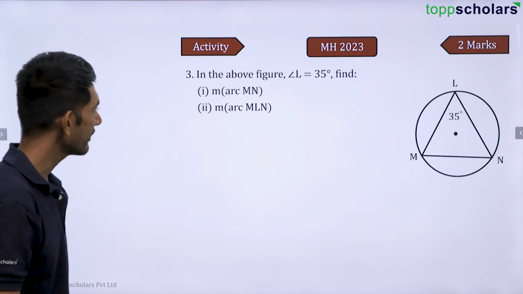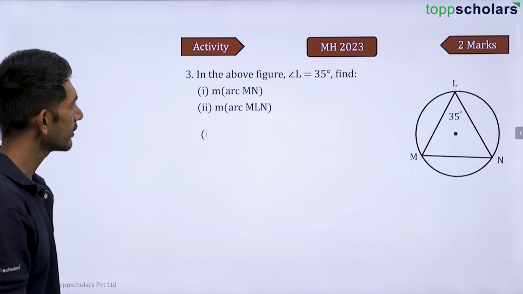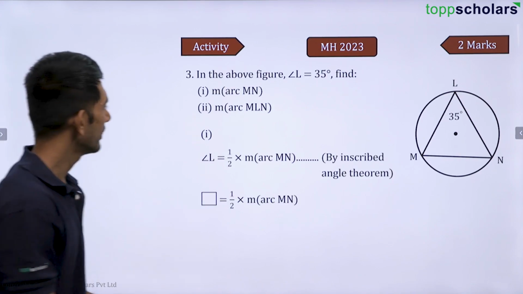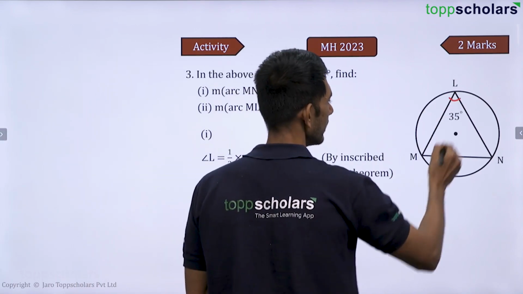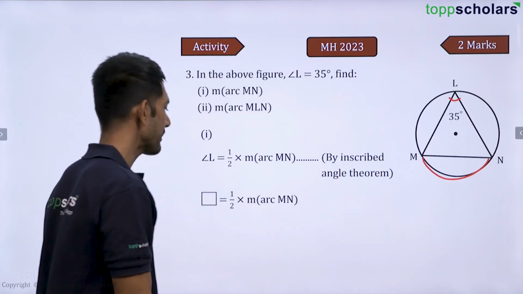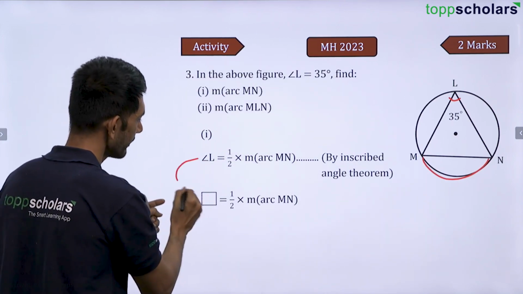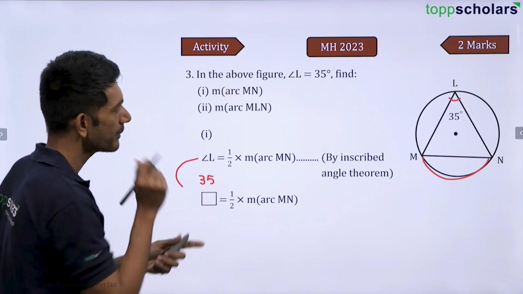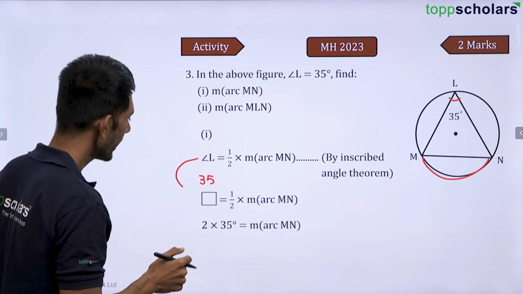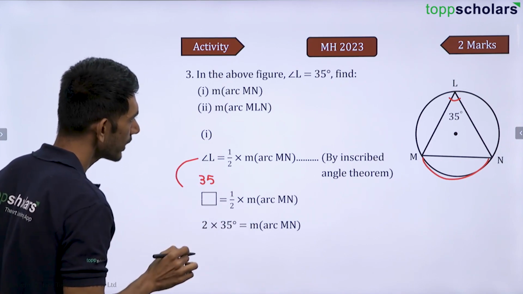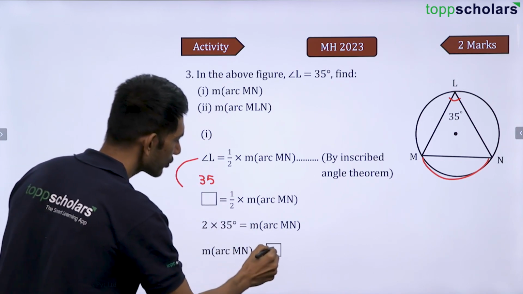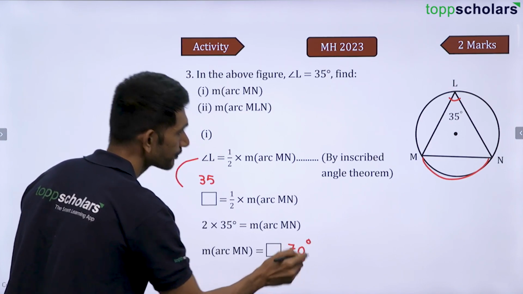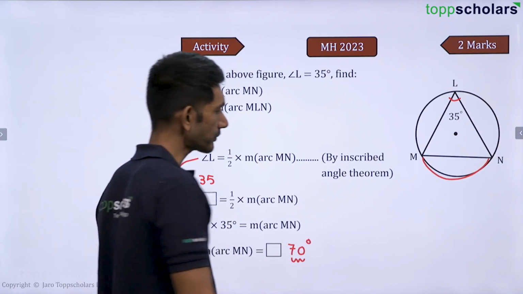So this was the activity based question. Firstly, we were supposed to find out measure of arc MN. So angle L is half of this, inscribed angle theorem, but L is already given. So here you will write down 35. 35 is half of MN. Cross multiply, you get MN. 2 into 35 is equal to MN. So measure of arc MN is 2 into 35, that is 70 degrees. Correct?